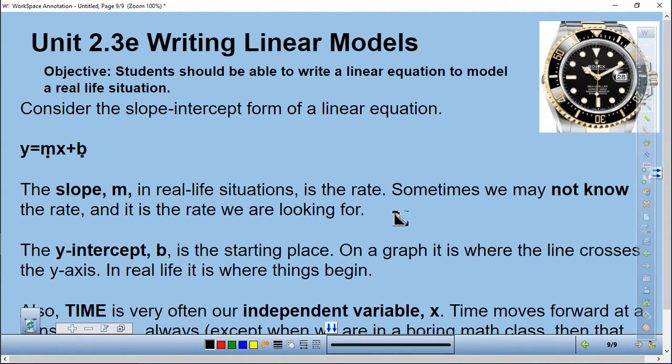However, in a few examples that we'll work with, we may not know the rate, and that is actually the thing that we have to find. The y-intercept is the starting place. On a graph, it's where the line crosses the y-axis. In real life, it's where things begin. It's where we start with the problem.